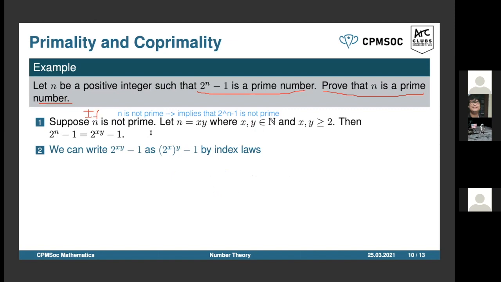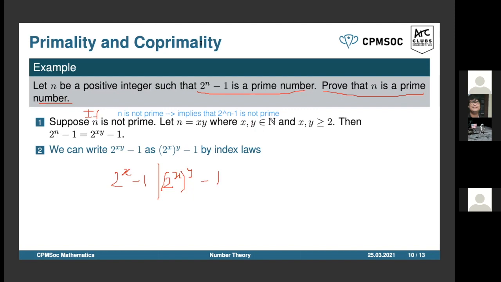that 2 to the x minus 1 is a factor of 2 to the xy minus 1. This is supported by those examples I used earlier of using 2 to the 10 minus 1 and 2 to the 6 minus 1.